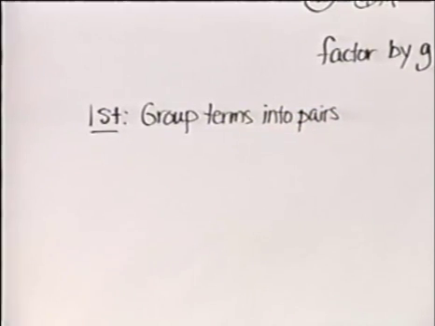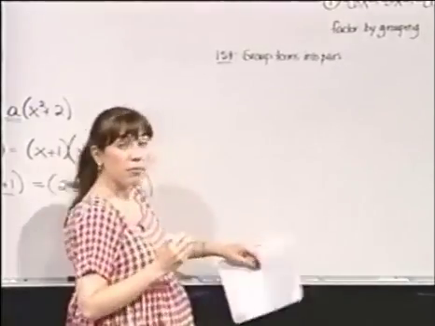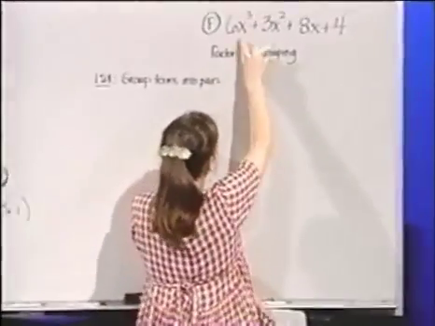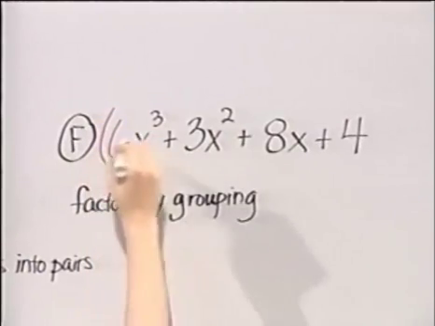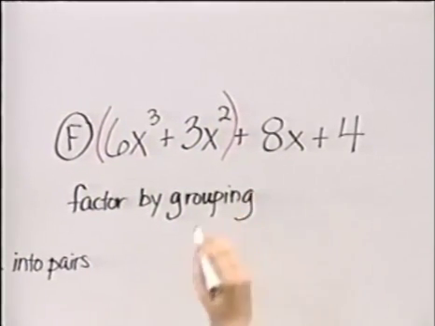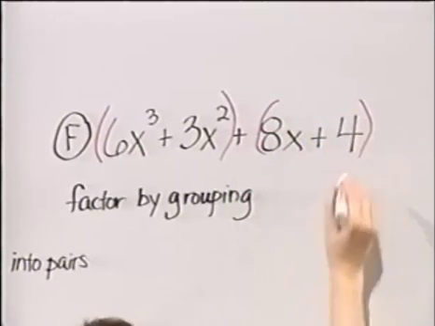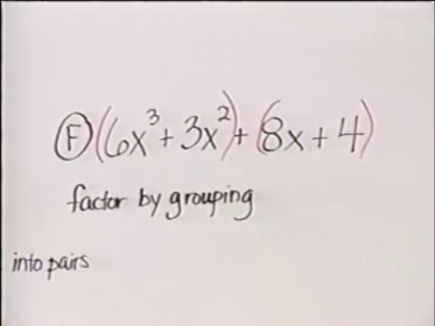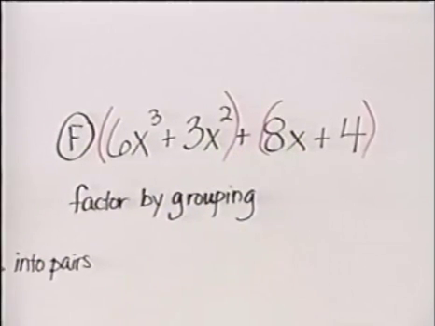So here we go. I'm going to go up to my top polynomial, and I'm going to group the first 2 terms together into one pair. And I'm going to group the second 2 terms together into another pair. Okay? And notice there's still a plus sign in between. There should be a plus sign there.